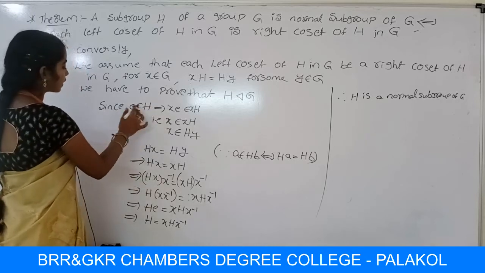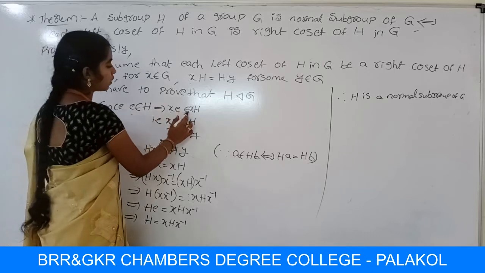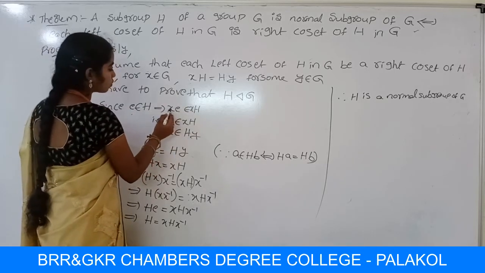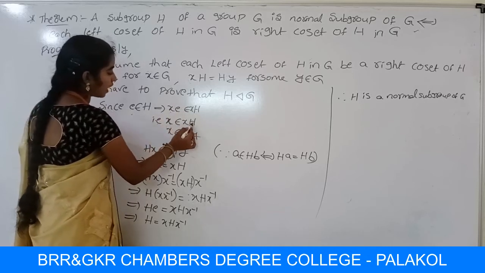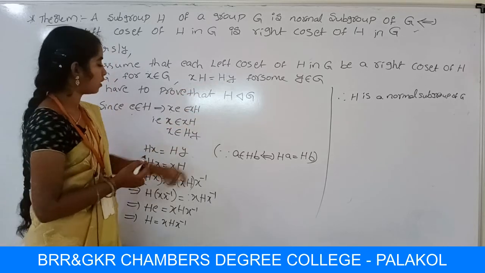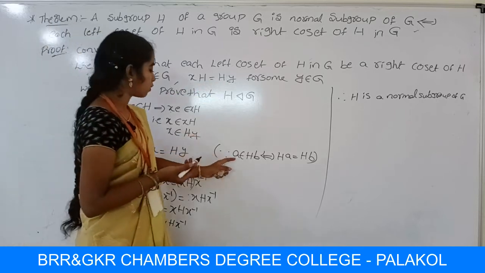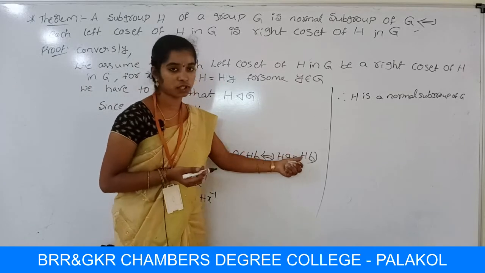So multiply on both sides by X. So X into E belongs to XH. Already you know that E is the identity element, so X into E value is X. So X belongs to XH. Already you know that XH value is HY. So X belongs to HY, by the known theorem: X belongs to HB if and only if HA equal to HB.